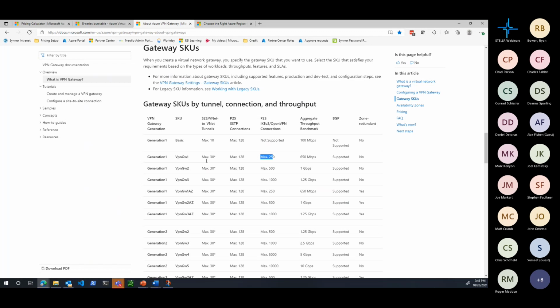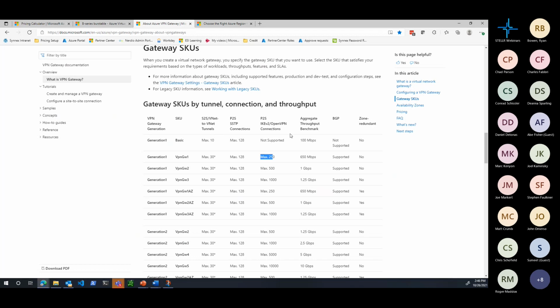So 10 are included in the Gateway 1, but you can add 20 more for a total of 30 tunnels if that's something that you need. So say you're a grocery store and you have 30 stores, you can add a tunnel to each one of those stores before having to build a new VPN to get more tunnels.